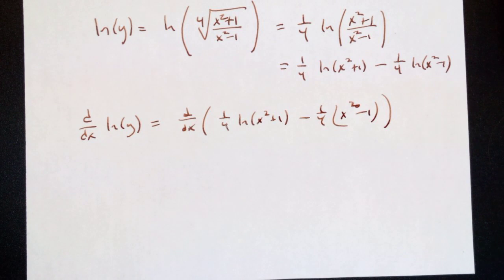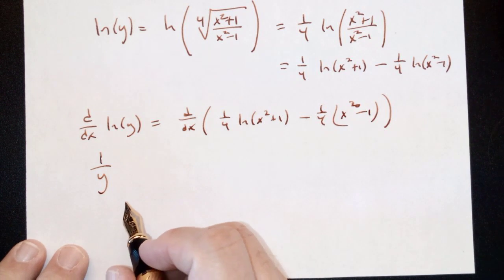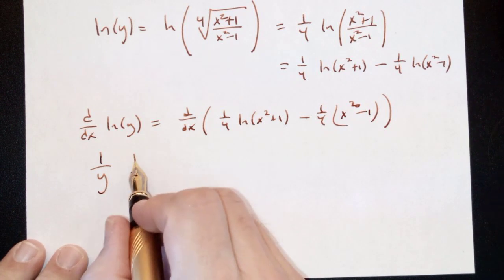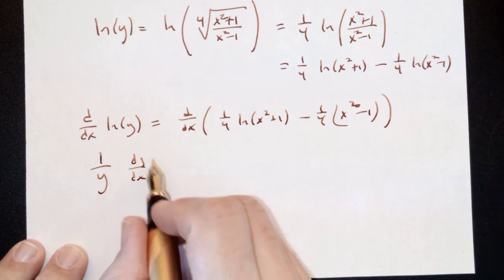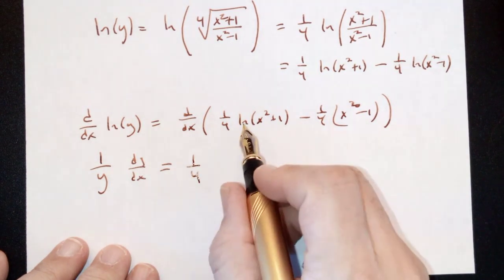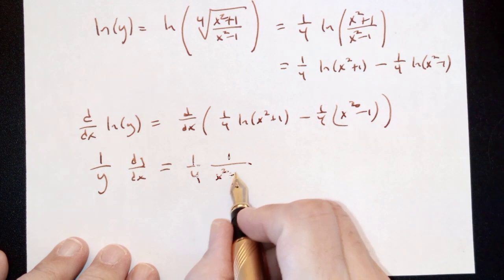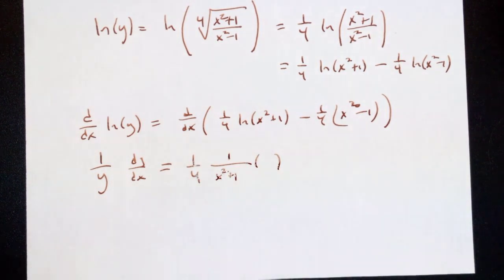So let's do this derivative. What do I get on the left-hand side? One over y times dy/dx. And over on the right, derivative of ln of stuff is 1 over stuff times the derivative of the stuff.